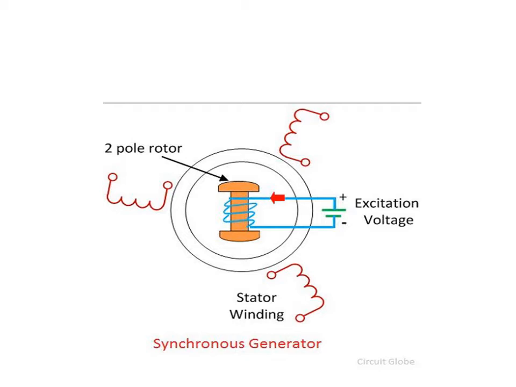So there are three sets of stationary windings, and the rotor part has rotating magnets. The rotor also has a field winding, as we studied in the DC generator, which turns the magnetic material into an electromagnet to generate the magnetic field.